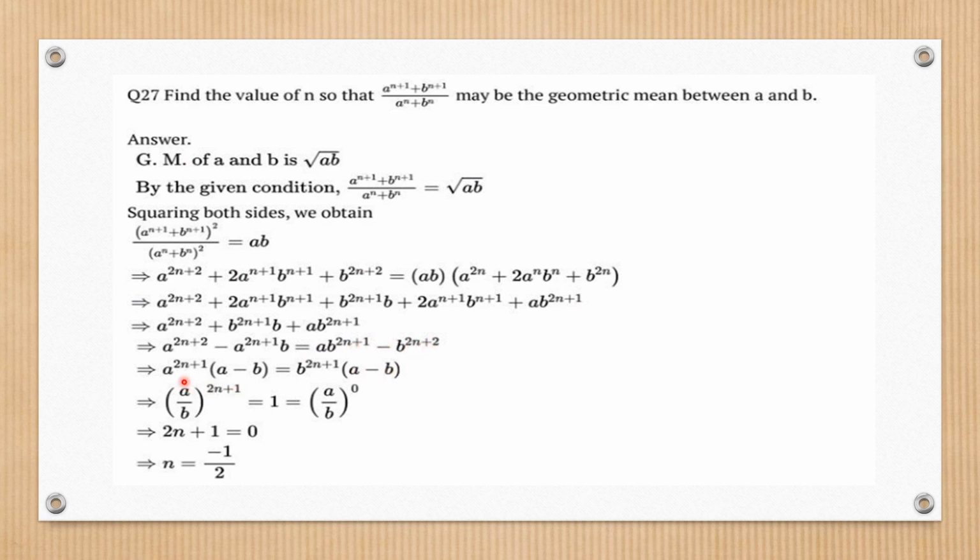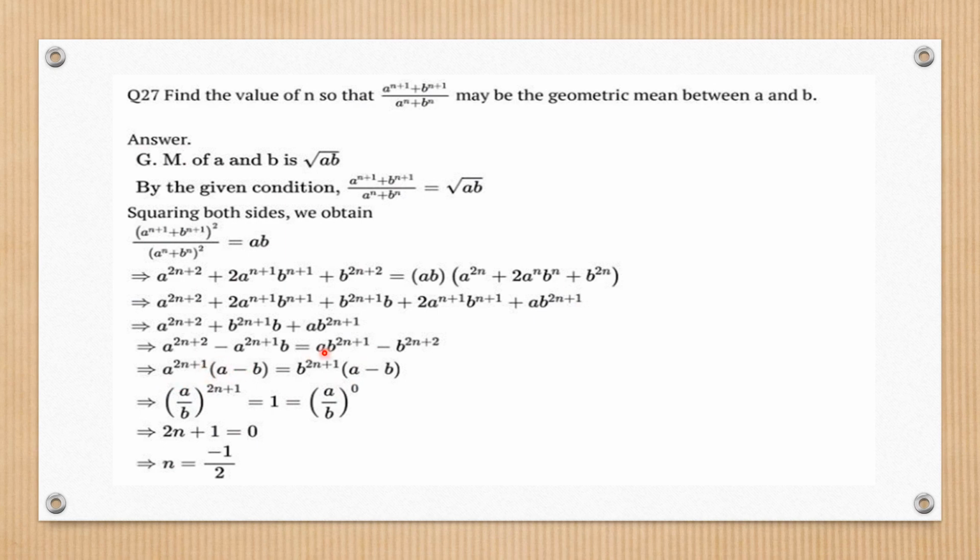Here, as it is having some extra power plus 1, it is like a raised to power 2n plus 1 plus 1. So I can take a raised to power 2n plus 1 common from here, and we get a minus b, and from here b raised to power 2n plus 1 is common, and we get a minus b here. Okay, so a minus b cancelled.